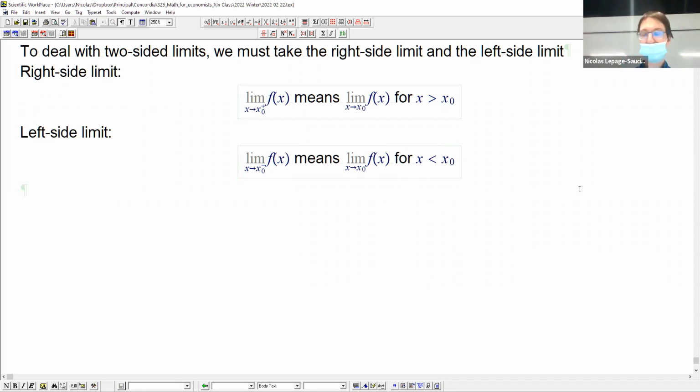And then when we have two-sided limits, we see that the limit exists when the right side limit equals the left side limit.